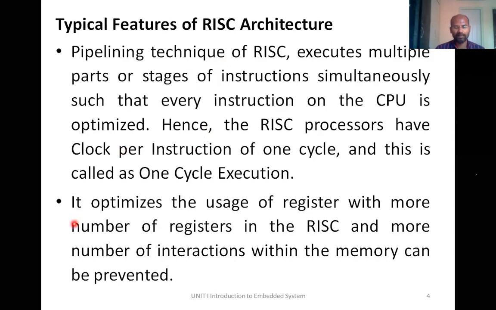Next, it optimizes the usage of registers. With more registers in RISC, more interactions with the memory can be prevented. In RISC, only load and store instructions can directly access the memory. All other instructions like move, add or subtract only access the registers like R1, R2, R3 and so on.